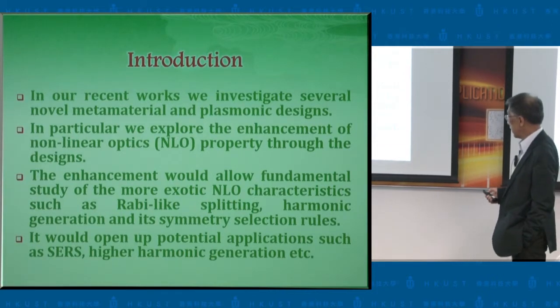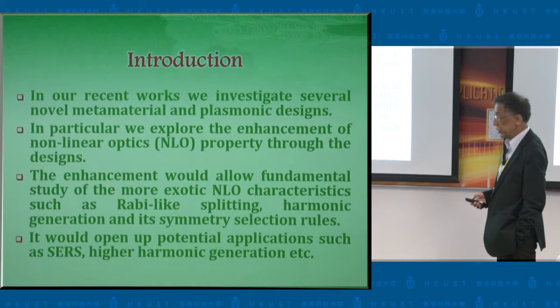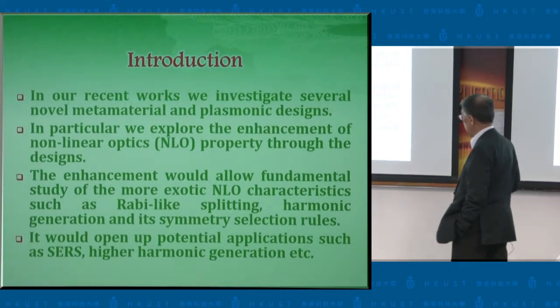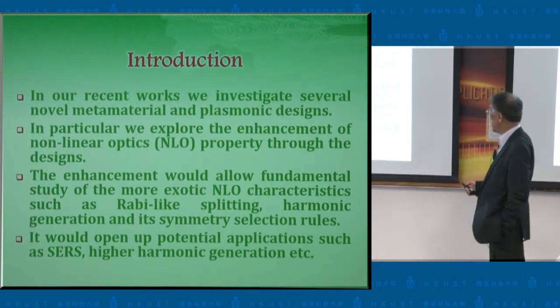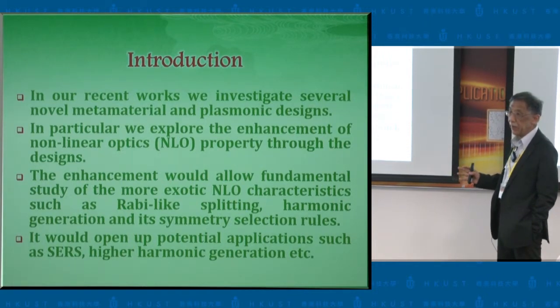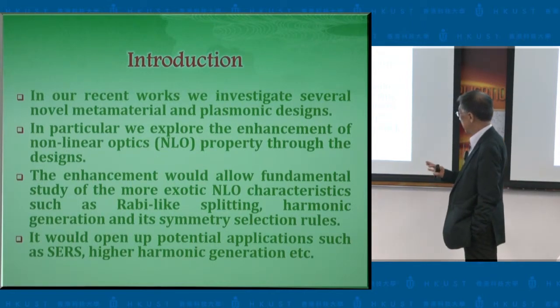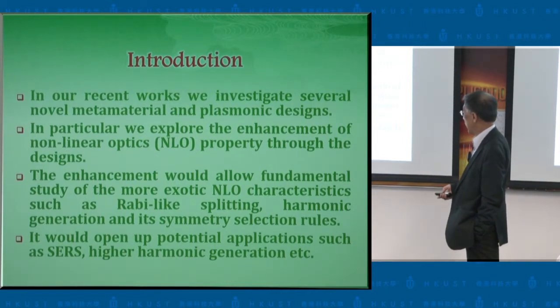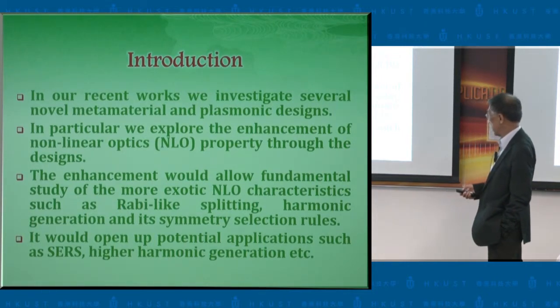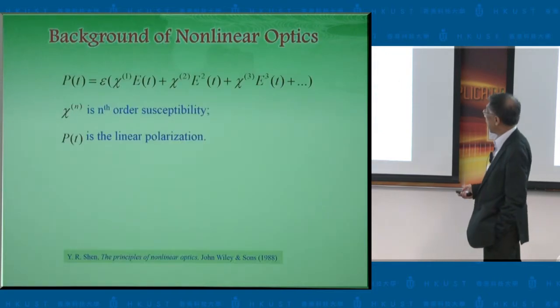Some of the more exotic characteristics we're going to talk about are the Rabi light splitting and harmonic generation, and also the selection rule of what we call a meta crystal, because it is basically a metal surface structure. The potential applications, of course, are SERS, higher harmonic generation, that sort of thing.